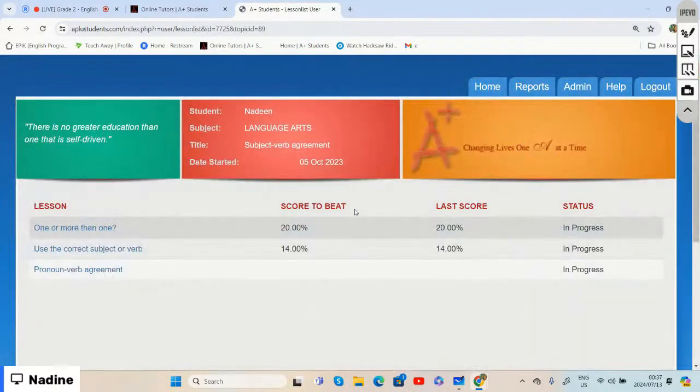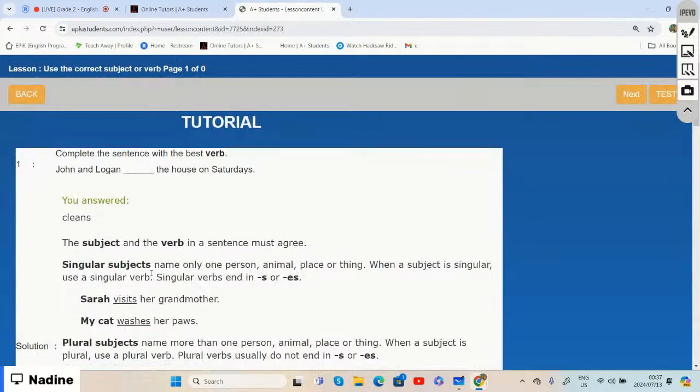All right. Let us go to use the correct subject, or we're going to use the correct verb, right? It says John and Logan.